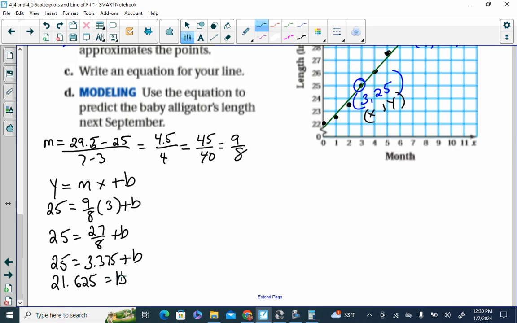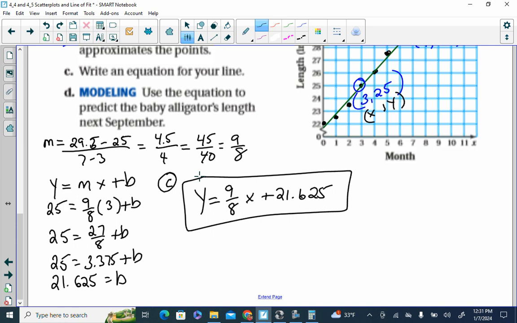Now that's different than the equation I did when I came up with the notes, but everybody's equation is going to be a little bit different, right? But the slope should be similar, and the y-intercept should be similar, right? So I wind up with y is equal to 9 over 8 times x plus 21.625.